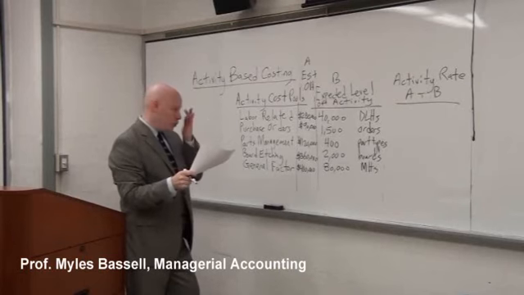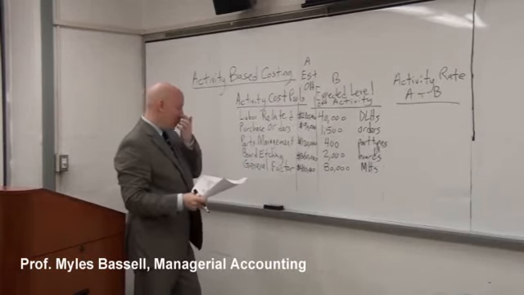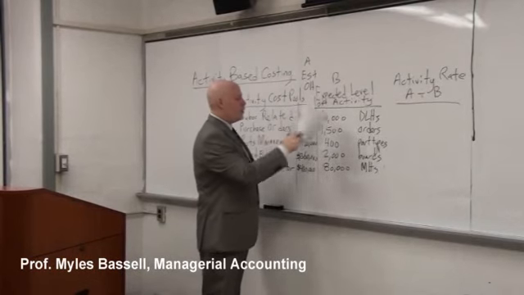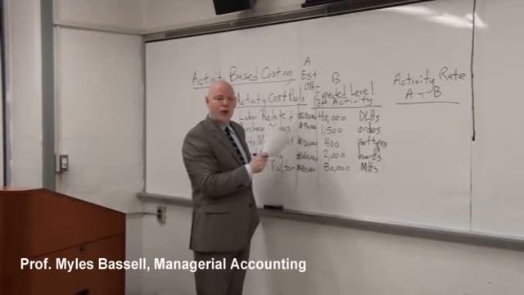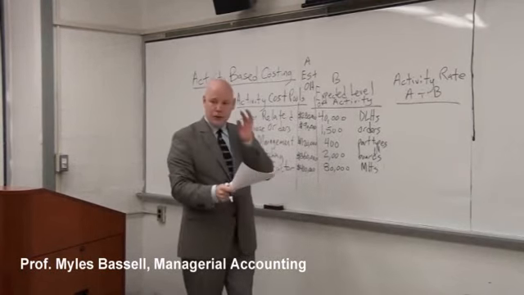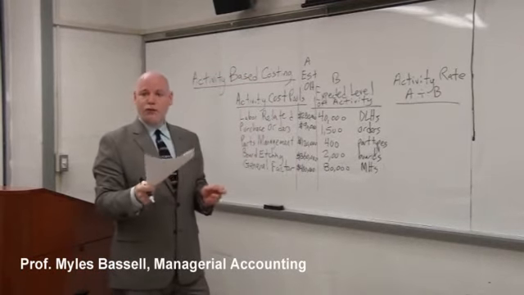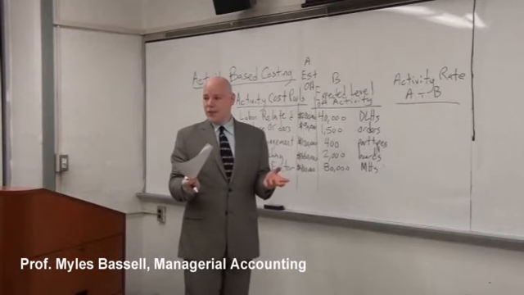So what we're going to want to do as managers is a sensitivity analysis. We're going to want to look at 50,000 direct labor hours, 60,000 direct labor hours. What if it was 70,000 direct labor hours? Because we want to understand what is the cost. So we don't just say, all right, now we're going to start running the factory on the weekends.